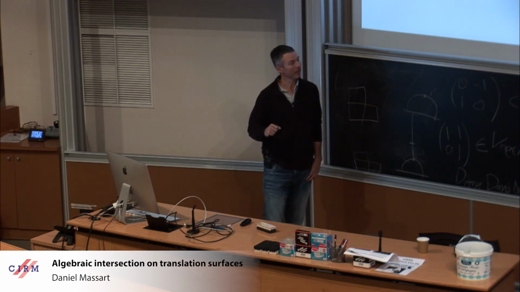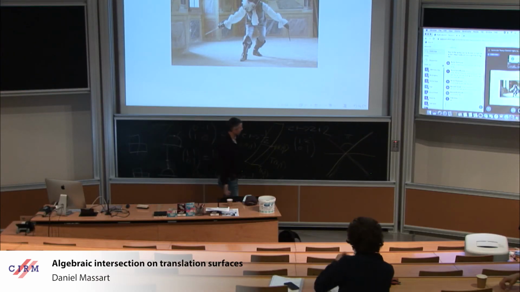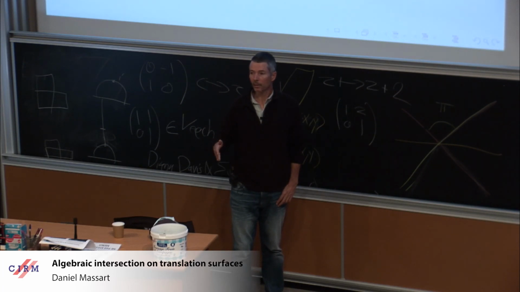What's going to happen in this case is the Teichmüller curve is going to be dense in something. It's not going to be closed.